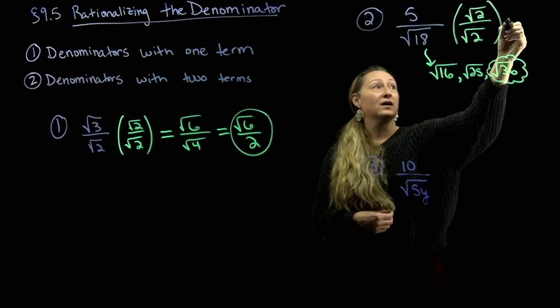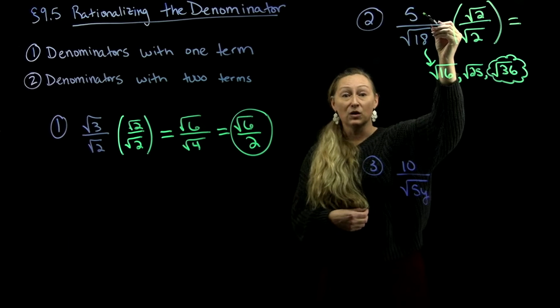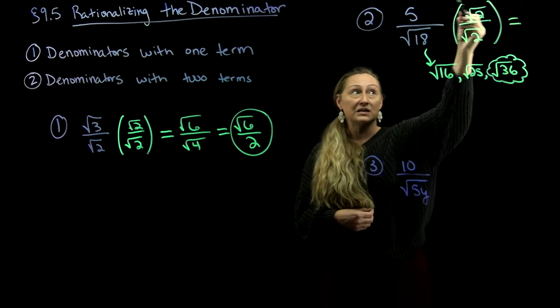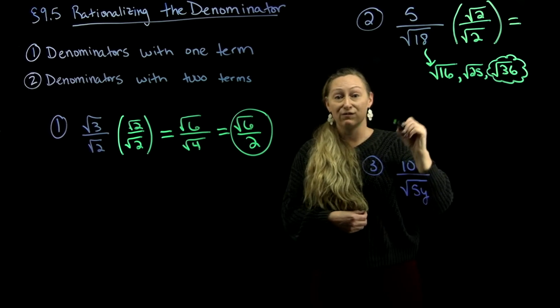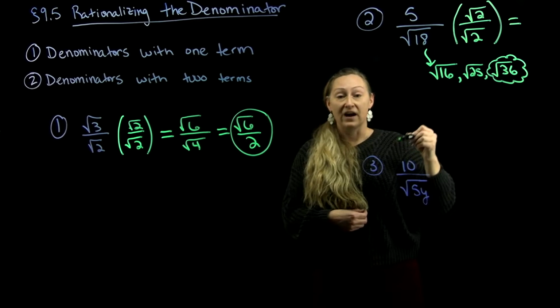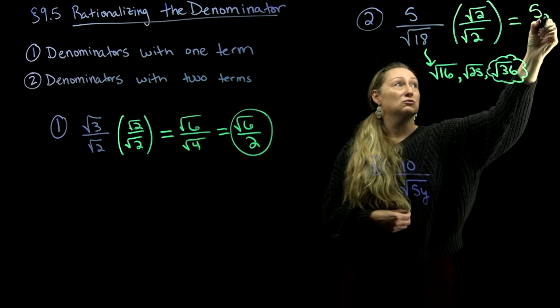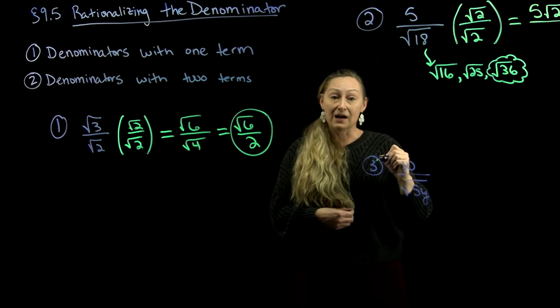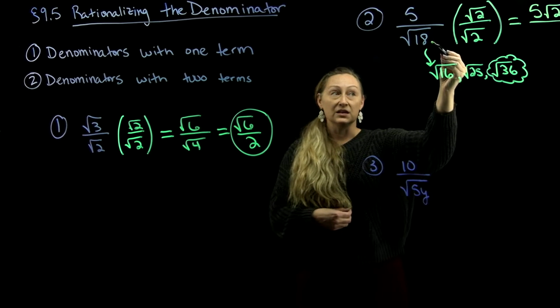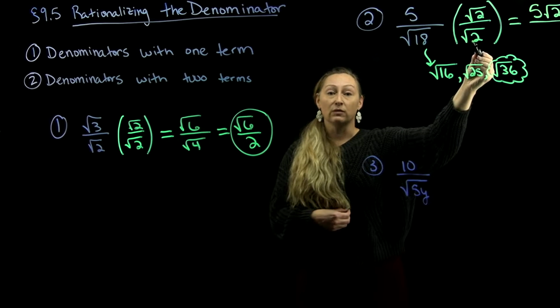So now let's multiply the tops together. Remember, when multiplying radicals, what's inside stays inside, and what's outside stays outside. So I can't multiply 5 times 2. 5 has to stay outside, and 2 has to stay inside. Let's go ahead and multiply the denominators together. Square root of 18 times the square root of 2 is the square root of 36.